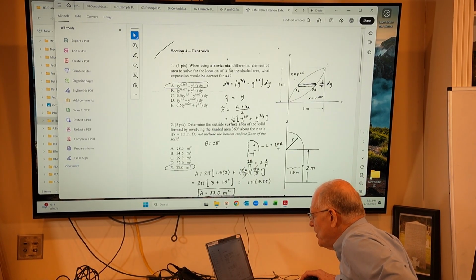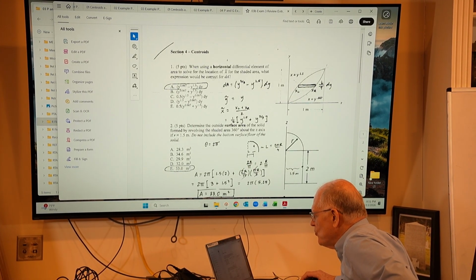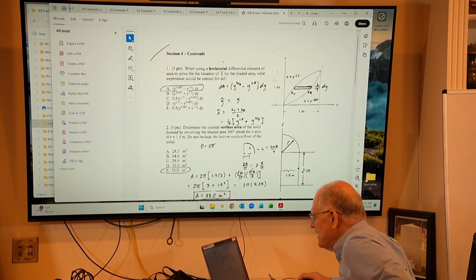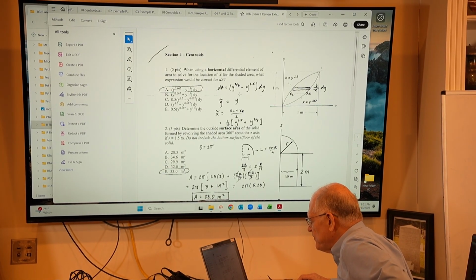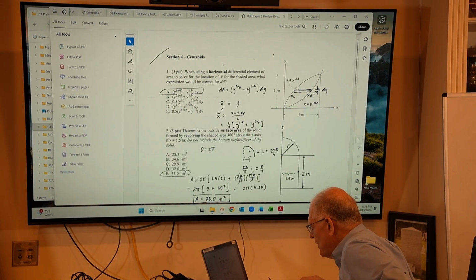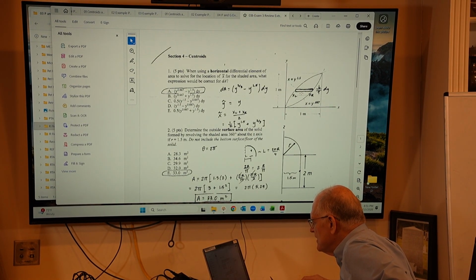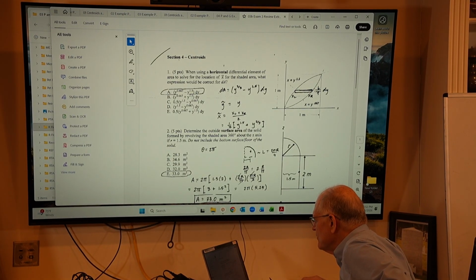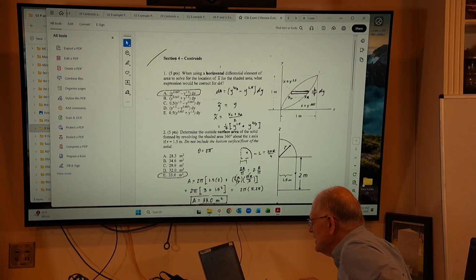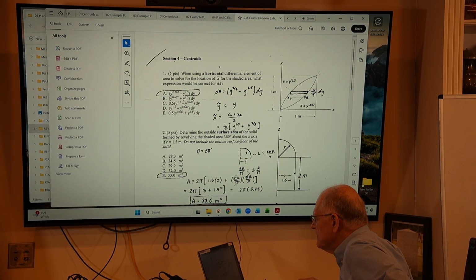You're looking for x bar, and so what's the correct dA? So not even the whole integral. They're just looking for dA. And so the thickness for the horizontal element is dy. And then you get x right, I call this x right and x left. And so x right is this y to the 2/3, and x left is y to the 1.5.